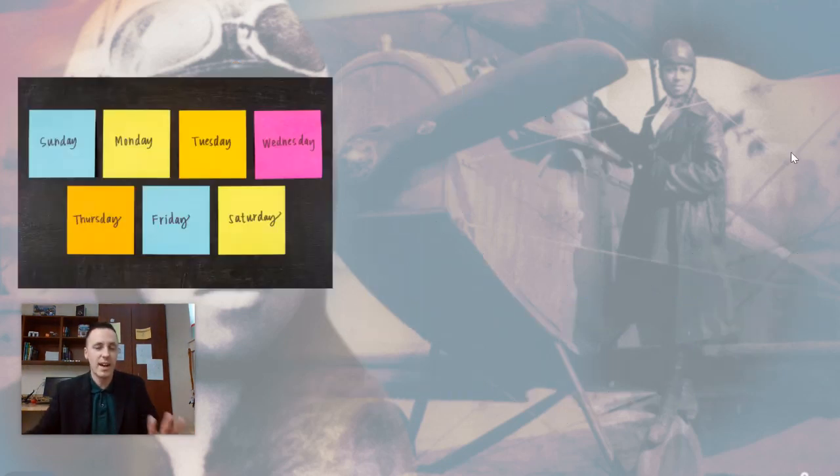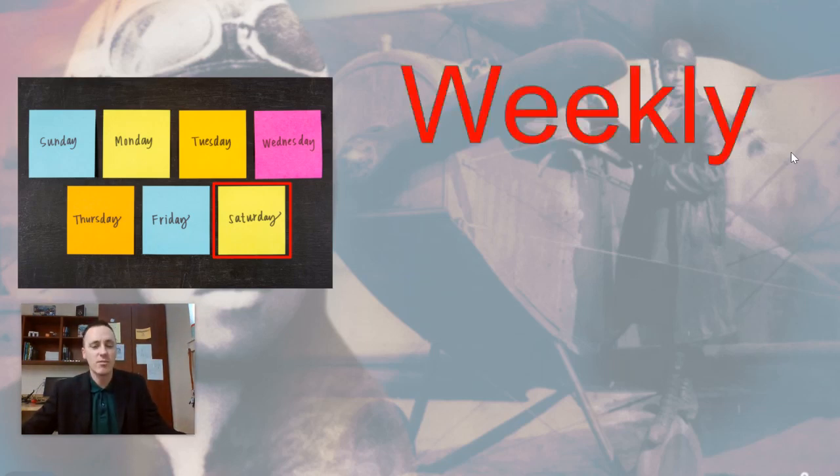One more little practice here with our second prefix. You see that, and you see that it's a week. Here's Saturday. Saturday happens once a week, so it happens weekly. Weekly Saturday plans, weekly Saturday cartoons, weekly Saturday baseball games, weekly Saturday sleeping in. Whatever happens on Saturday only happens weekly.